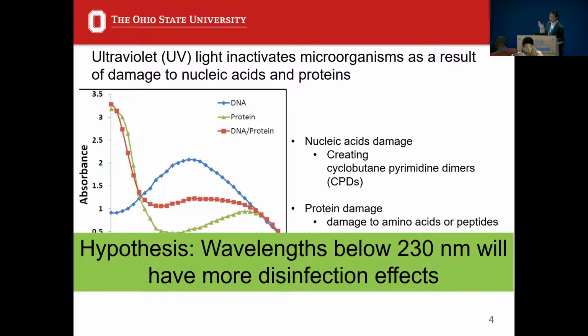But if you look at the combination of DNA and protein, they will have a similar absorbance at 254, but it still has a higher absorbance for DNA and protein at 222 nanometers. So this means that the combination of protein and DNA at lower wavelengths will have a better performance. That's our hypothesis, and then we did the experiment to validate if our hypothesis is right.